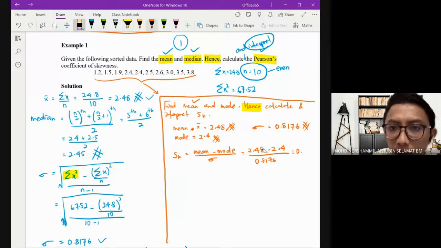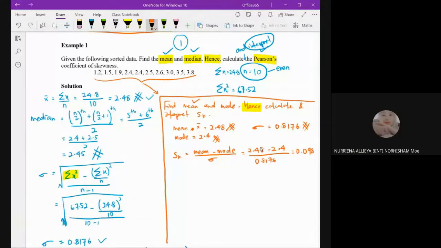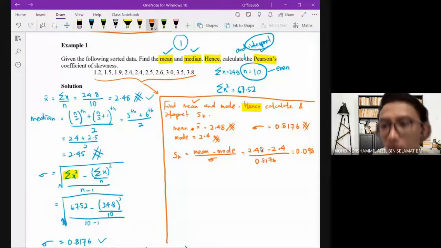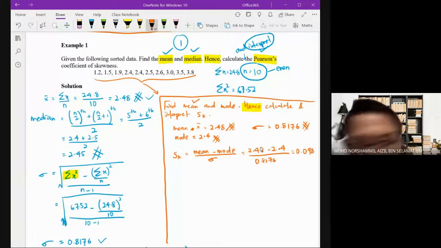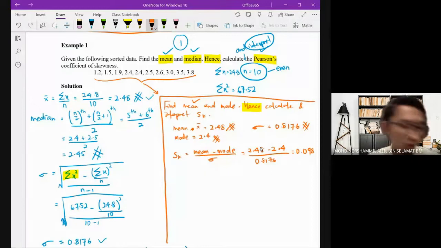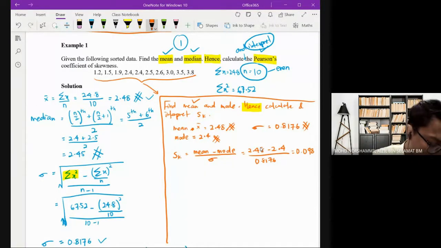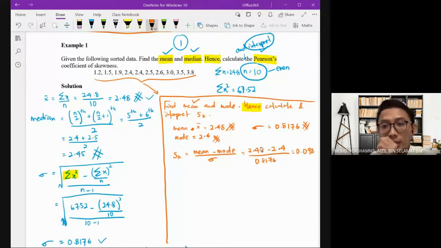Okay. Is that correct? 0.293? Oh, lain. Saya kira betul tu. Let me double check. 2.48 minus 2.4 divided by 0.8176. 0.098. Okay.